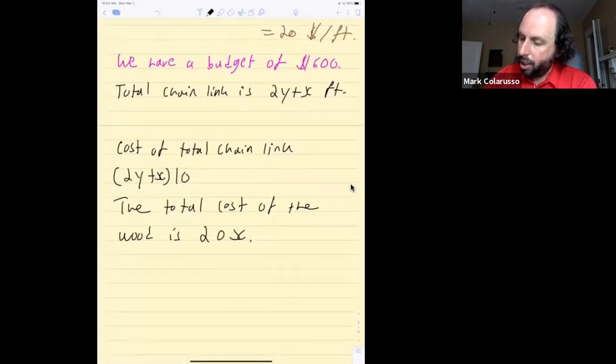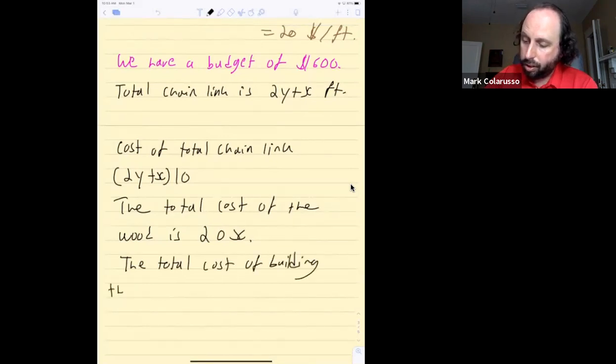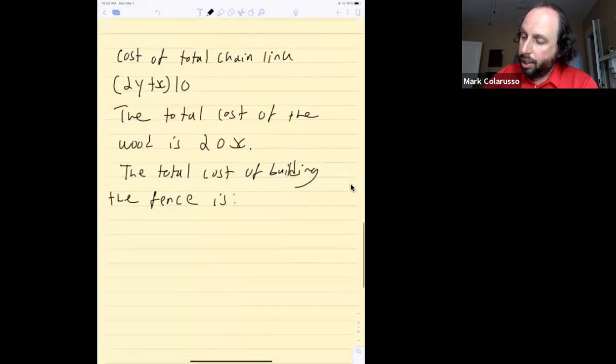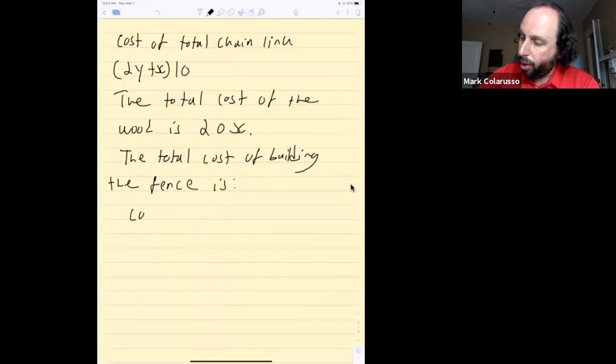Okay, so then the total cost of building the fence is the cost of the wood plus the cost of the chain link.